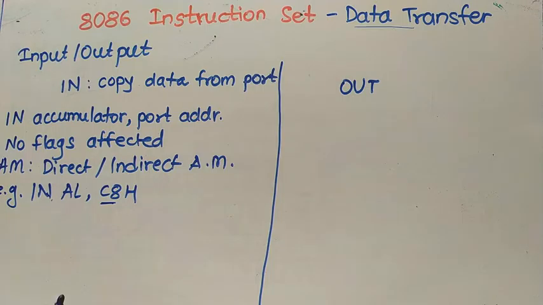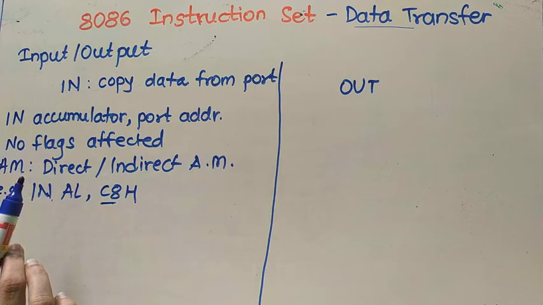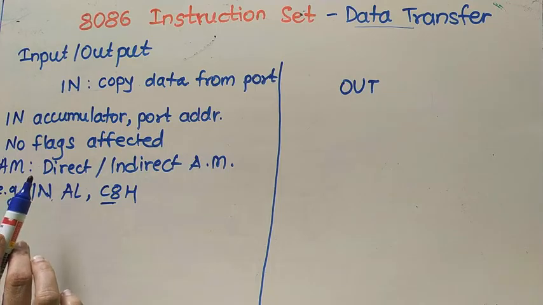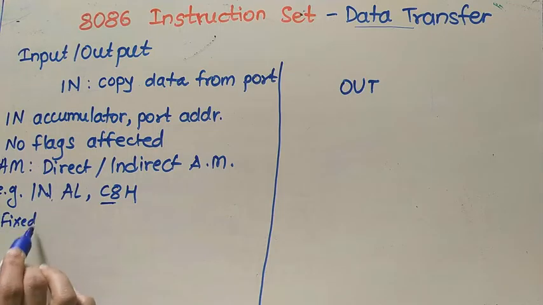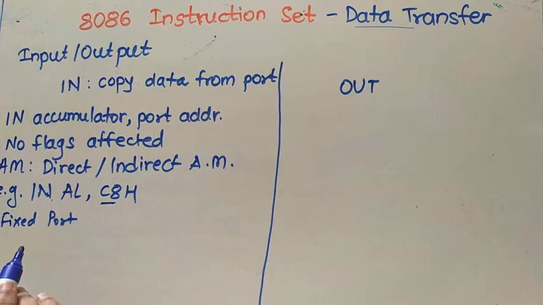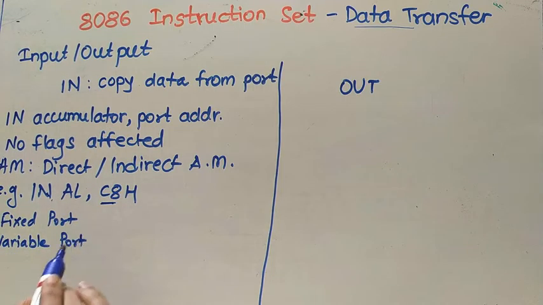Here there are 2 possible formats of the IN instruction, that is fixed port and variable port. That means if the port address is specified directly in the instruction, it is called a fixed port, and if the port address is loaded into the DX register, then it is called a variable port IN instruction.